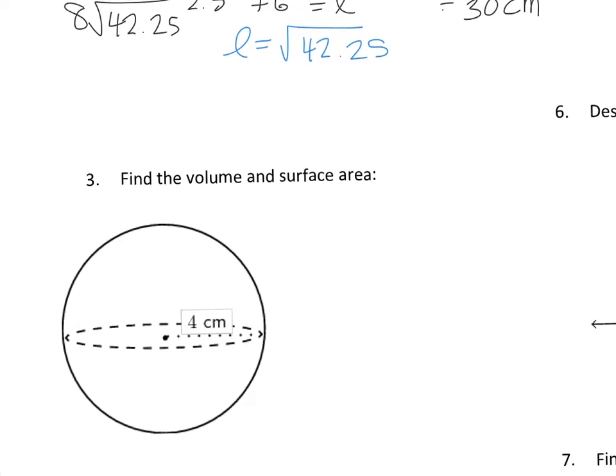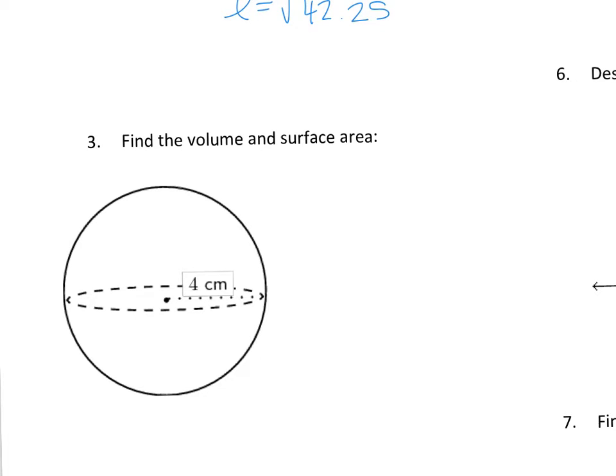Okay, number 3, find the volume and surface area. So this is a sphere with a radius of 4. So I do volume equals 4/3 pi r cubed. 4/3 pi 4 cubed. And then you can go ahead and simplify it and write it in terms of pi.